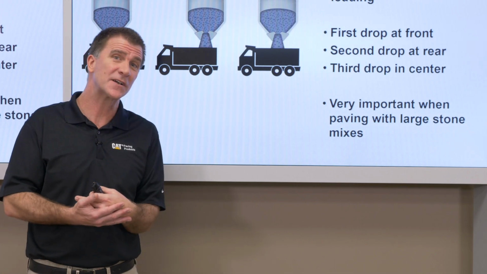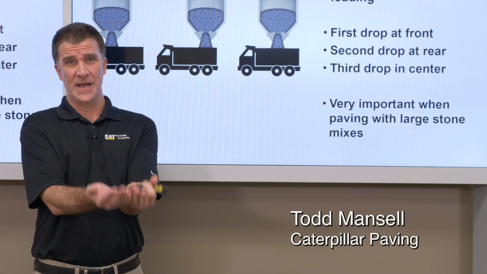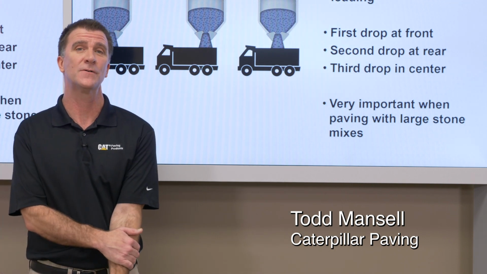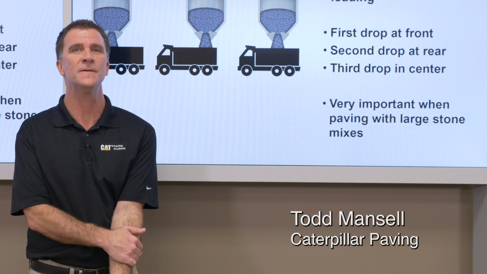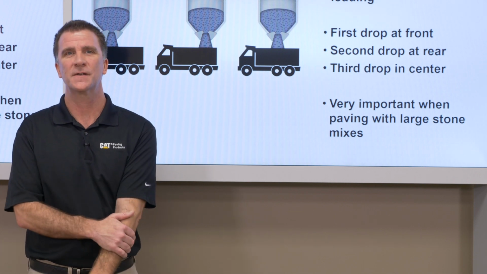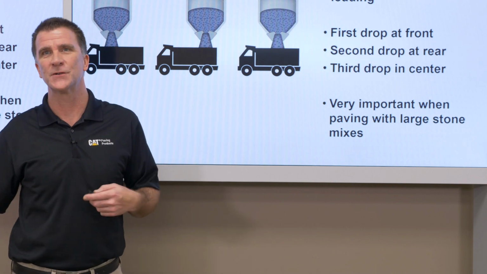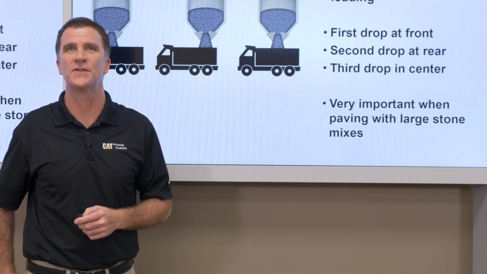Because when those large rocks are in the corners and we raise that truck bed to deliver the mix into the hopper of the paver or even into the MTV, what's the first thing that comes into the hopper? It's those large rocks, right? So it's very important, especially with the larger stone mixes.